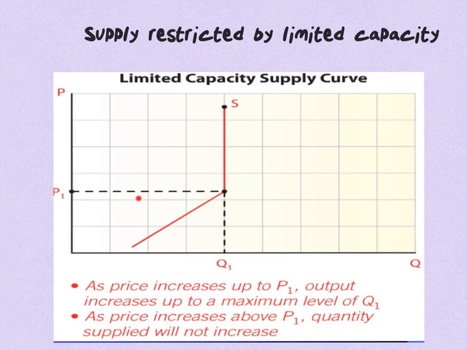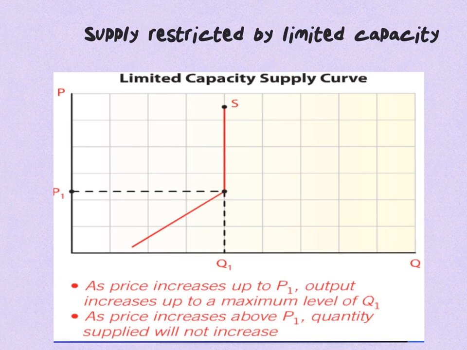And then let's say the price increases to €15 and we see that at €15, let's say P1, Q1 is supplied. However, the garden centre only has a certain amount of space. So even if the price of these trees increase to €20 per tree, the garden centre still can only supply Q1 because they are limited due to their space.